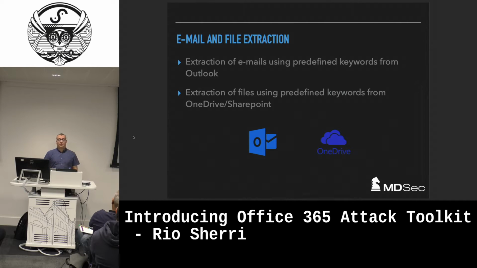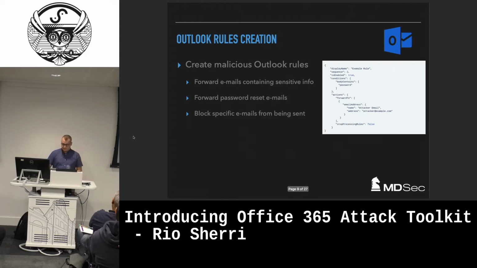Or if the user has a password spreadsheet or a key password database on their OneDrive, you just specify the keyword, and when the user grants you permission, the tool will search all the user's files and download the ones that match. Then the attacker, or us in this case, can use that information to further compromise the environment.